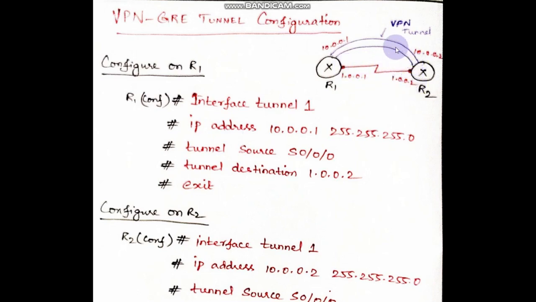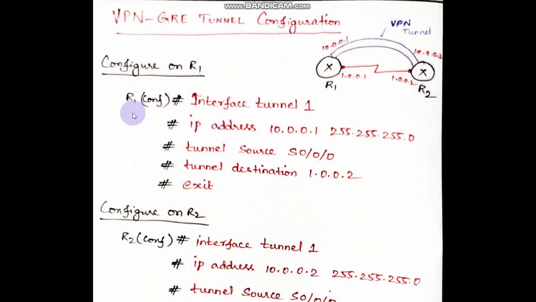Now the tunnel I am going to create is a private tunnel, so I am giving a private IP. So 1.0.0.1 is the public IP and 10.0.0.1 is the private IP. This 10.0.0.1 is the IP I have given on R1, and 10.0.0.2 I have taken on the R2 side.